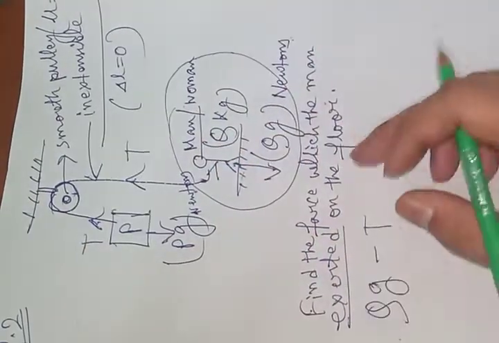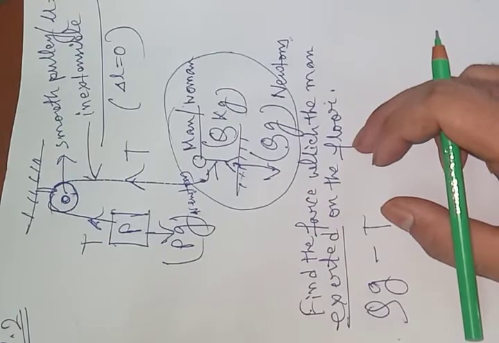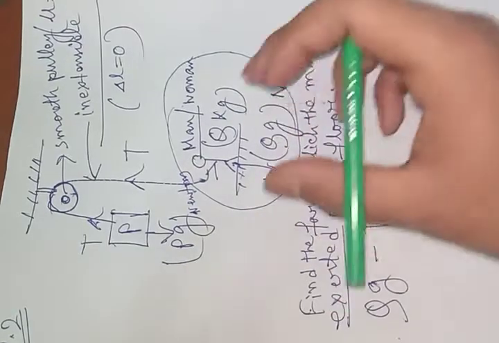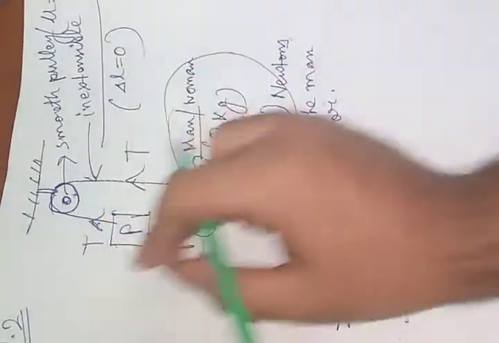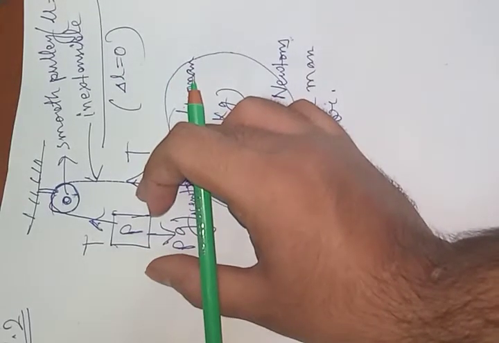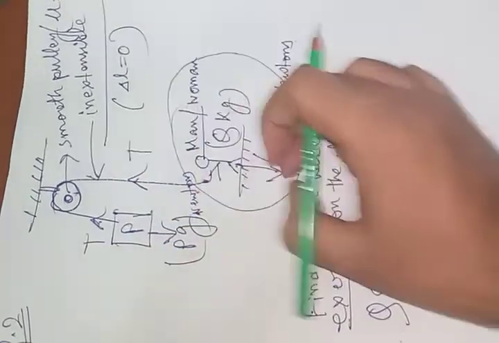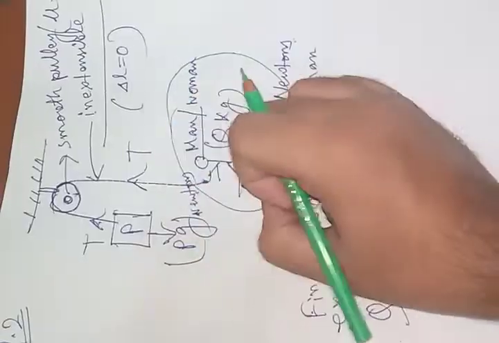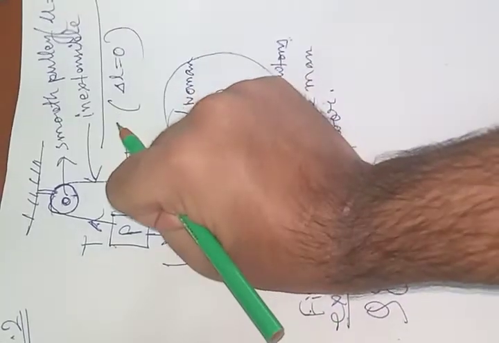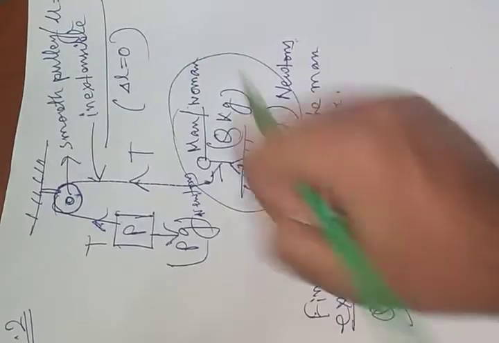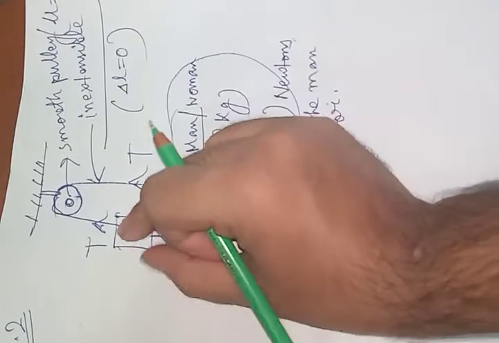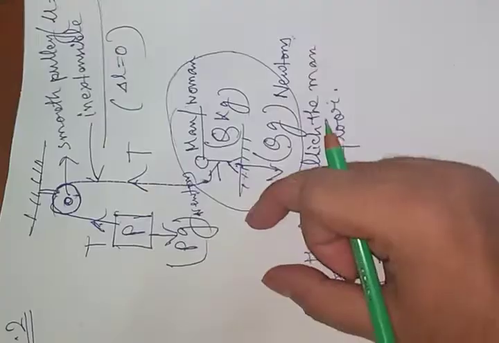There's also a condition given that this block is not falling. So what is the force with which the man has to pull the string so that this block will not fall to the ground?